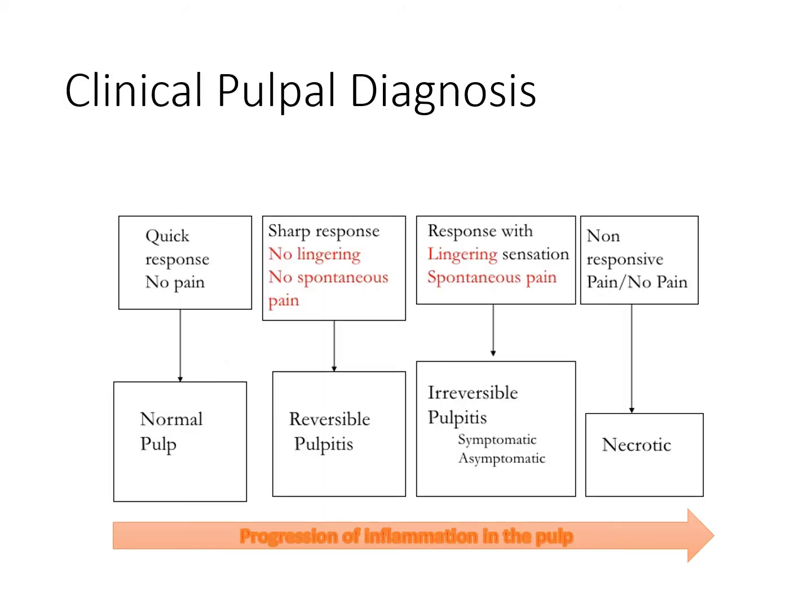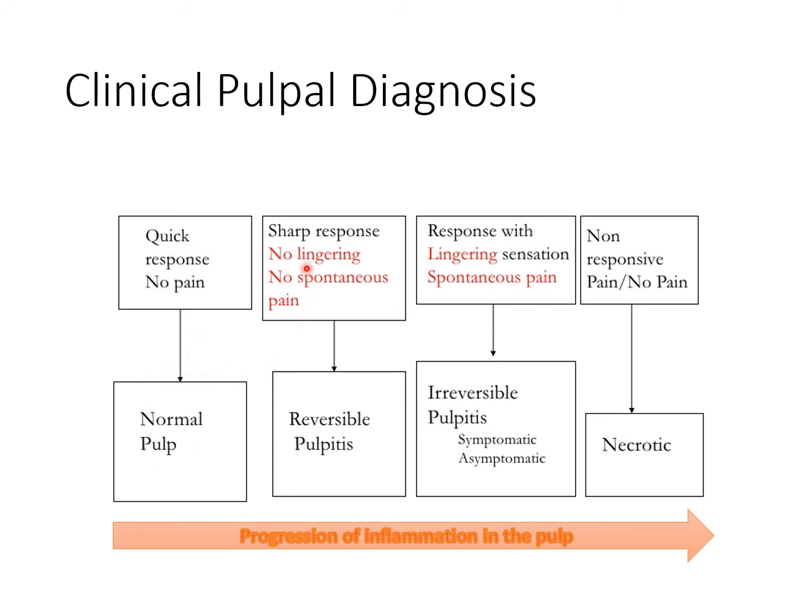So when you are making a pulpal diagnosis, this is the progression of inflammation in the pulp. When the pulp is normal, there is a quick response, that is momentary pain to hot and cold, and there will be no pain per se. So you eat an ice cream, you may have a momentary pain, but the pulp is normal.